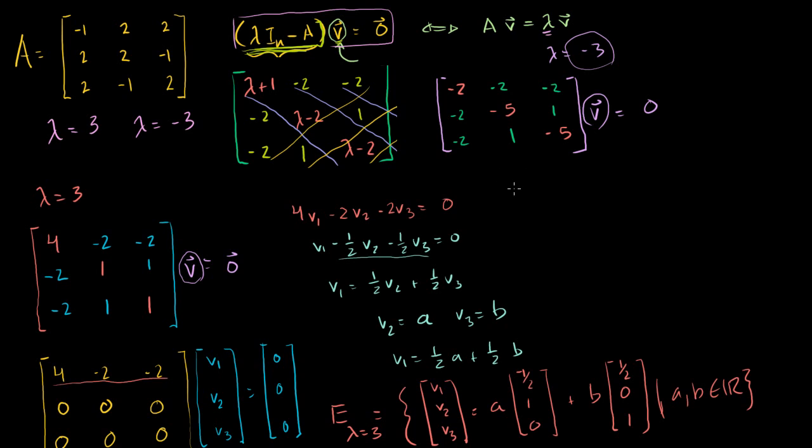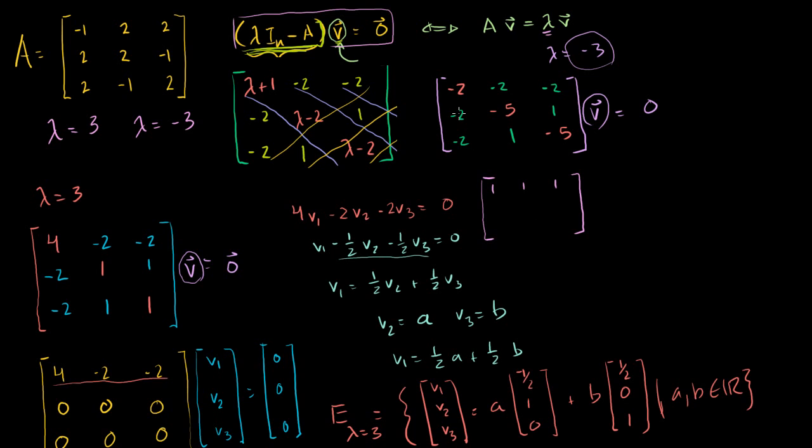So the first thing I want to do, I'm going to keep my first row the same. I'm going to write a little bit smaller than I normally do, just because I think I'm going to run out of space. So minus 2, minus 2, minus 2. And then, actually, let me just do it this way. I will skip some steps. Let's just divide the first row by minus 2. So we get 1, 1, 1.